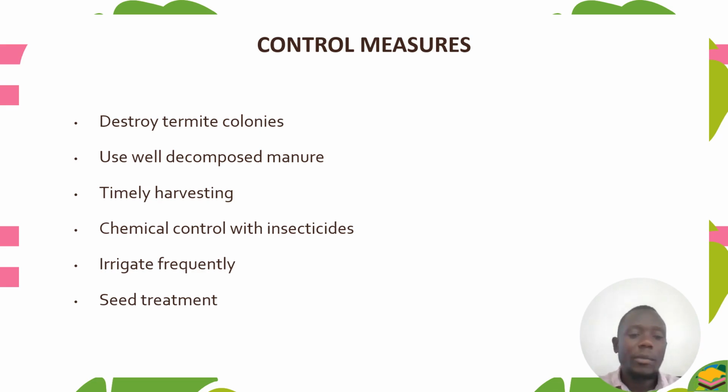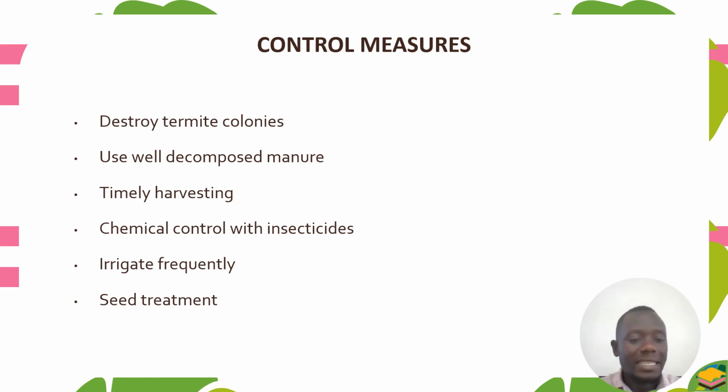Then talk of chemical control with insecticides. Chemical control is also very important in controlling the termites. Then irrigate frequently. Use of irrigation also controls the termites, because if the field has enough moisture, there is water, the termites cannot work, they'll suffocate and they'll die.